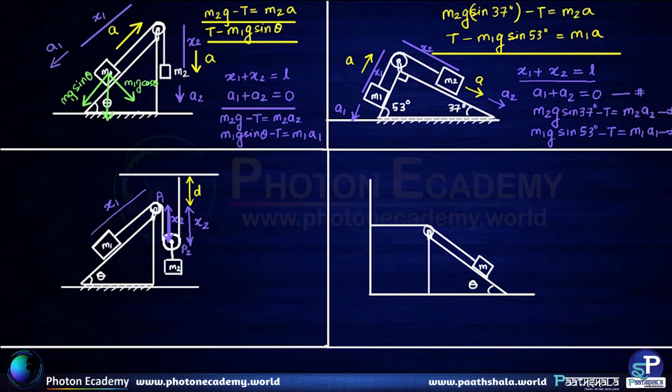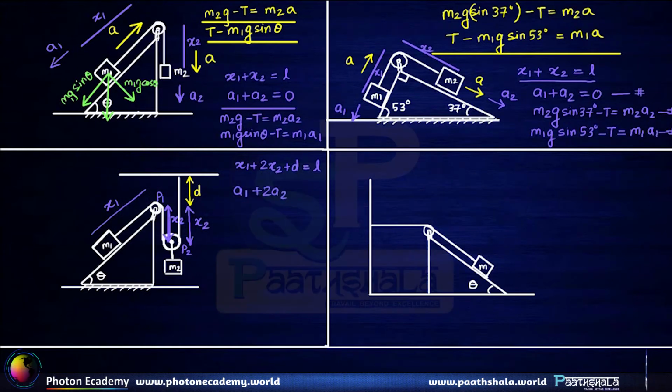So the length of the string that passes over both the pulleys is nothing but x1 plus 2x2 plus d. This happens to be the length of the string. If you double differentiate this, then we get a1 plus 2a2 equal to 0. So this particular equation is the constraint motion relationship between the two accelerations.